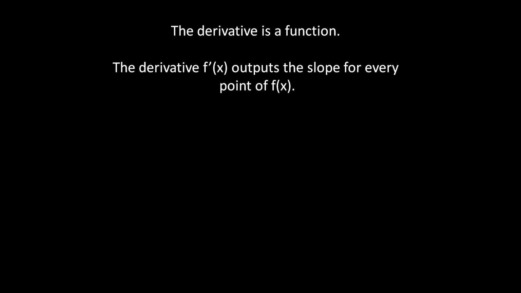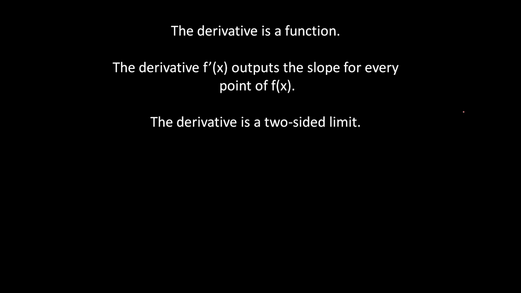So the derivative is a function. And that's important to remember. The derivative outputs the slope for every point of the function f, or whatever the name of your function is. Maybe your function name is h, or maybe it's m, or it's whatever you want it to be. The derivative is a two-sided limit.